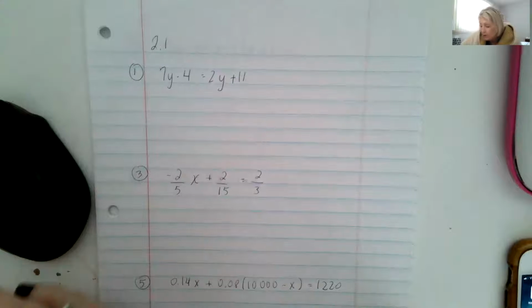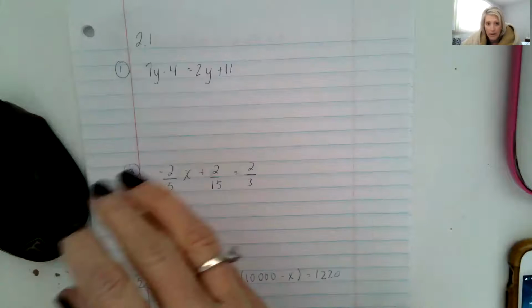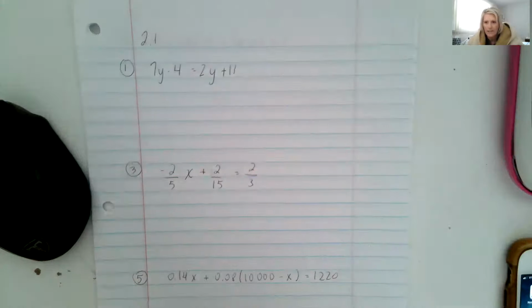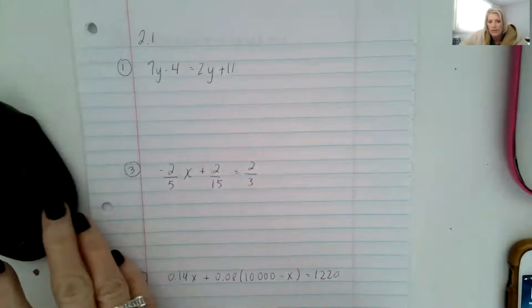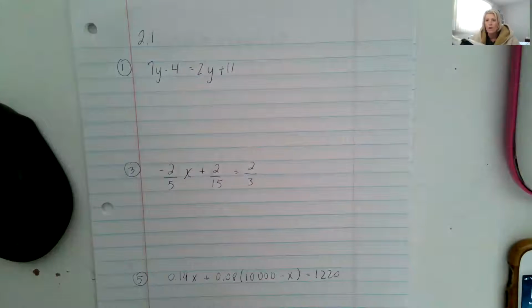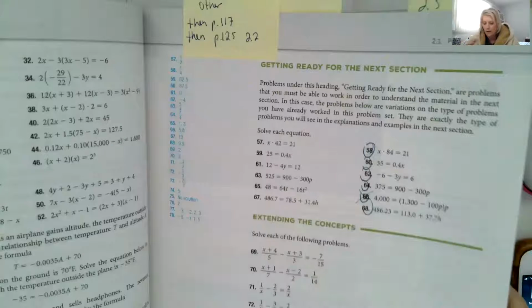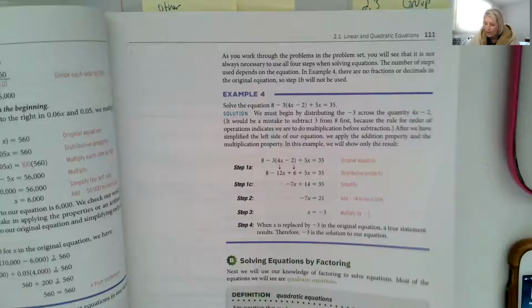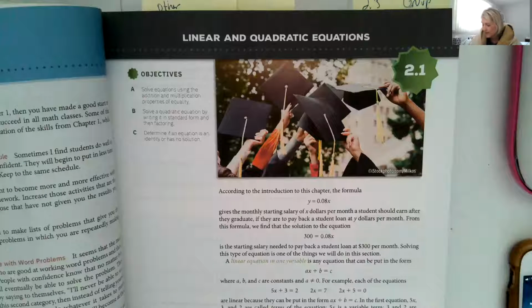So it's always important that you read through the section before you watch my video, because the section in the book actually contains the rules and the steps that I'm going to follow, but that I don't have typed out. So for instance, we are going to solve two types of equations today.